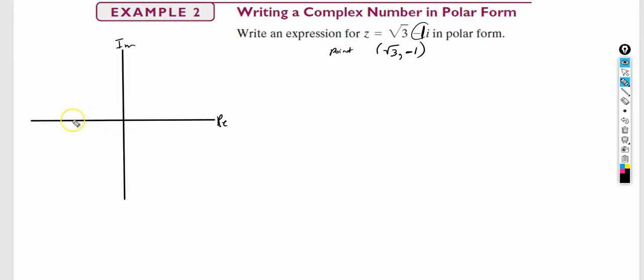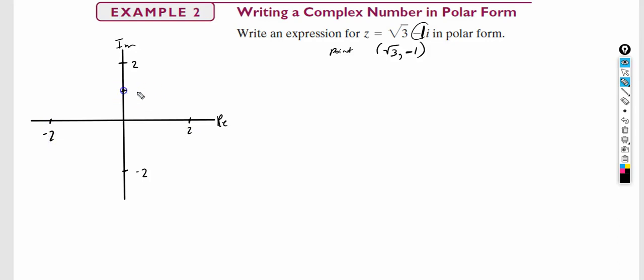So if I've got this, -1's about there. Square root of 3 is 1.71 something. So I just renumber these, 2, -2.